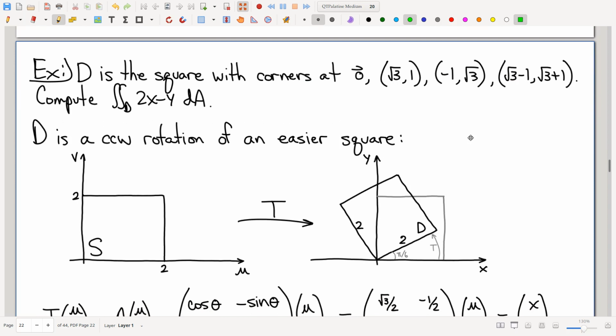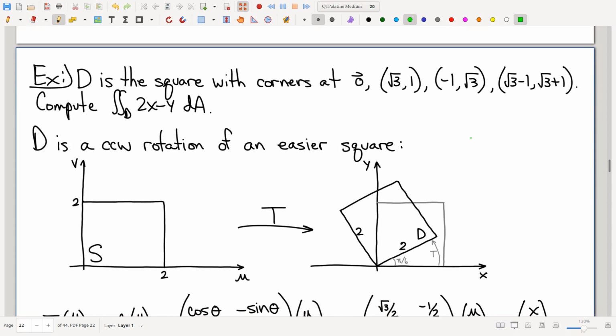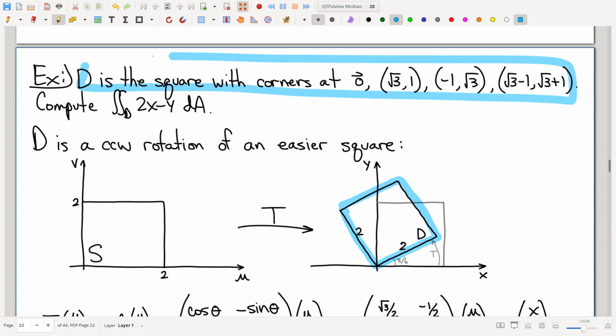So let's see one in action. This is a nice question. A very common scenario, by the way, is that you have a domain that looks fine, except it's at an angle, and wouldn't it be nice if we could just rotate it? So here we go. Let's look at this domain right here, described in the statement of the question. It's a square. I like squares, right? But it's tilted.